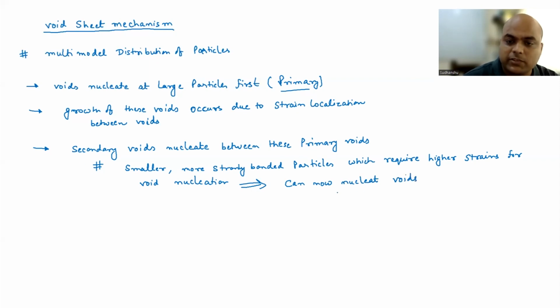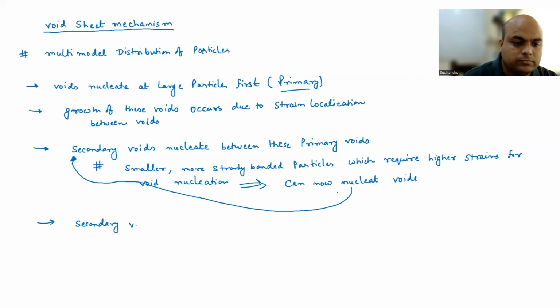Okay, and these are actually secondary voids. Okay, and typically these secondary voids are in narrow bands or say sheets called shear bands.